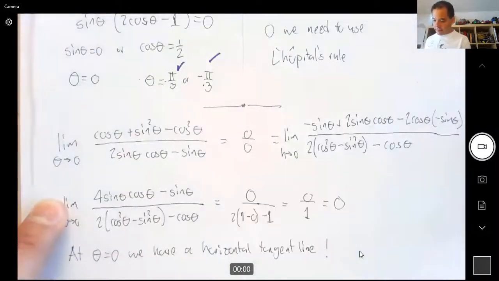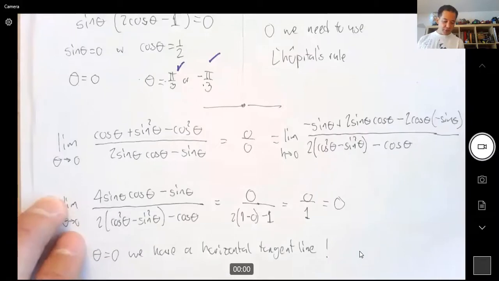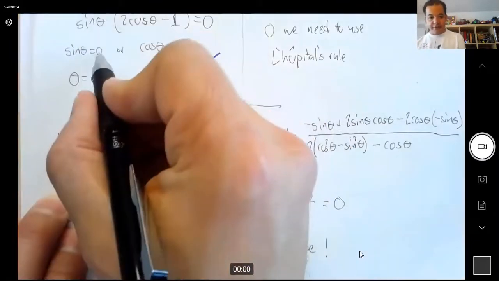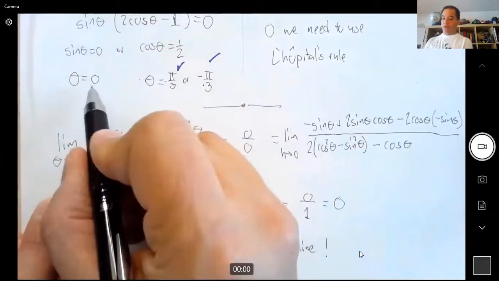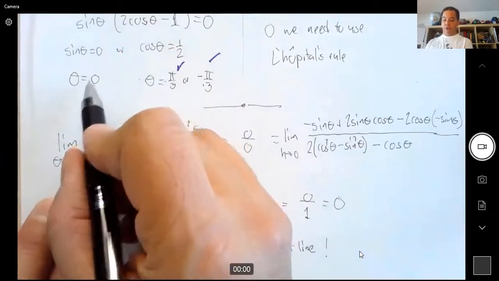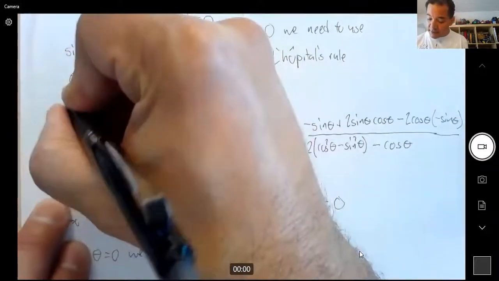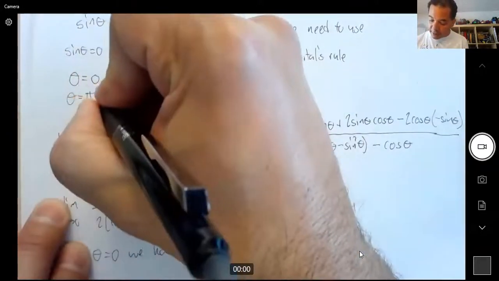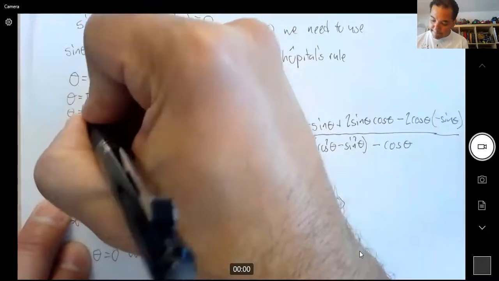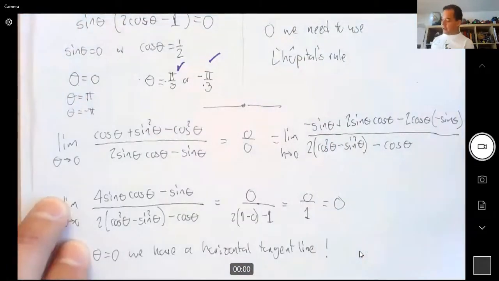Let's see, where is it? Did we not get that one? Oh, I forgot about that one, right? That's a good thing about looking at the picture. You see right over here, when we said sine of theta is 0, I only put the one solution, theta equals 0, but I'm missing others, right? I'm missing pi and negative pi. That's a good thing that I went back and looked at the picture.